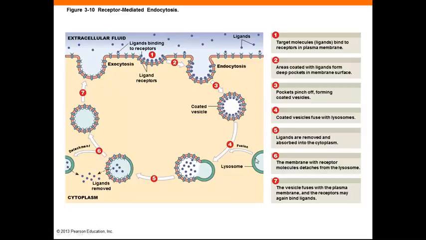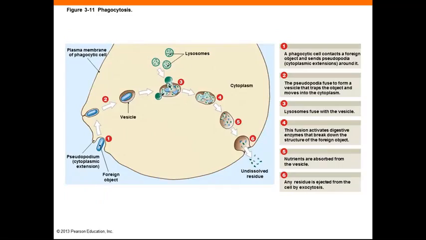In this example, they're showing how a lysosome can fuse with it and start breaking down those ligands and remove them, and then you can actually just shuttle that vesicle back up to the surface and it'll join again with the surface of the cell and just fuse right with the cell receptors, so that those receptors can then bind with more ligands and continue the process of that receptor-mediated endocytosis.